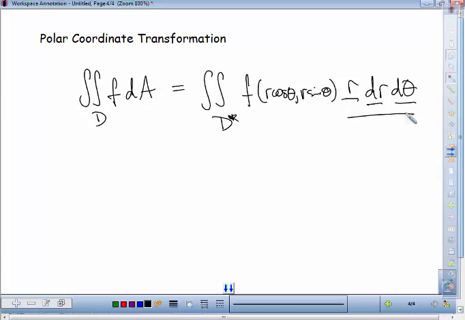Don't forget your r. This is as important as remembering that the limits for the outer integral are constant. Don't forget the r.